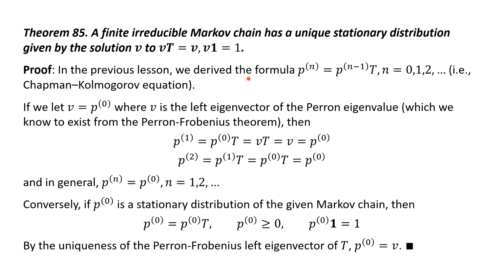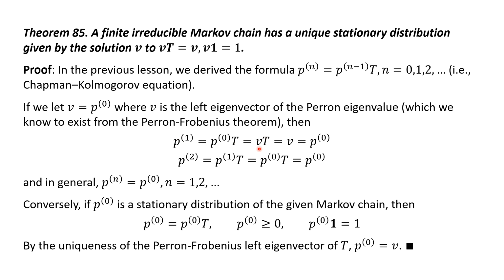In the previous lesson, we derived this formula here. These, P_n and P_(n-1), were row vectors, and T is the transition matrix for a Markov chain. And that was part of the Chapman-Kolmogorov equations. If we let v equal our initial probability distribution, where v is the left eigenvector of the Perron eigenvalue, which we know to exist from the Perron-Frobenius theorem, then we have this first line here. This first equality comes from this. Then going from here to here is from this equation.